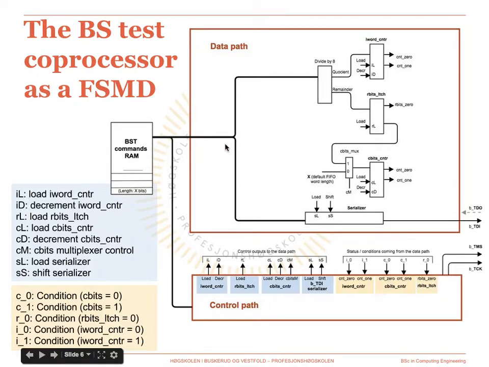The contents of the shared memory will also need to go to the data path on occasions, since the bits to be shifted, for example, are to be loaded directly to the serializer block. Finally, while the board TDI pin is driven from the serializer in the data path, the board TCK and TMS are driven directly from the control path.